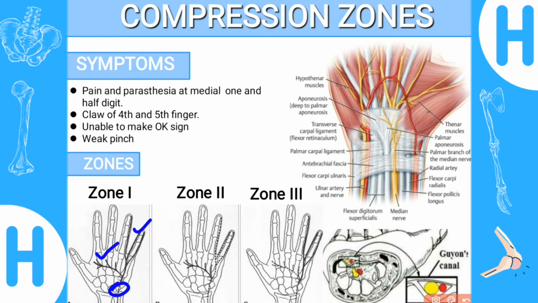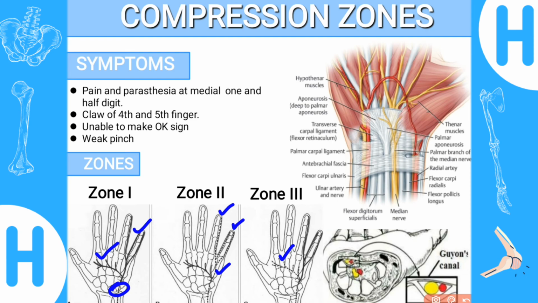In zone 2 you can see the deep motor branch is affected, that can cause the claw of fourth and fifth finger. And in zone 3 there will be an entrapment of the superficial sensory branch of the ulnar nerve, so there will be paresthesia at the medial 1.5 digit and at the hand.